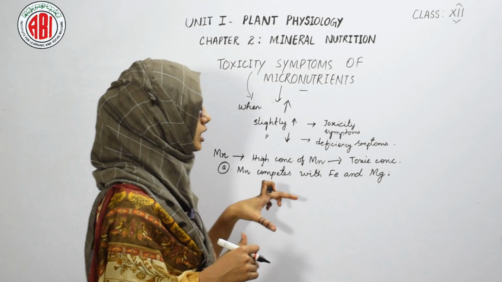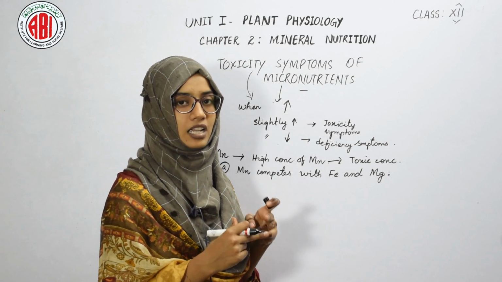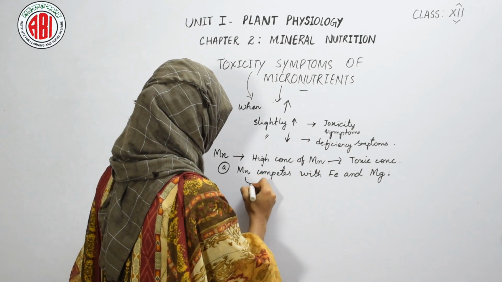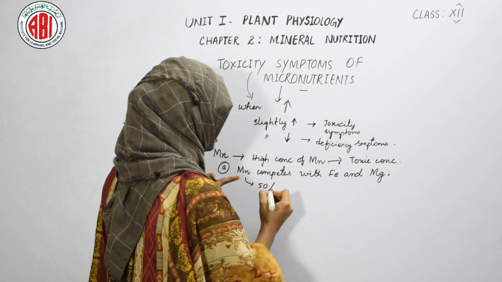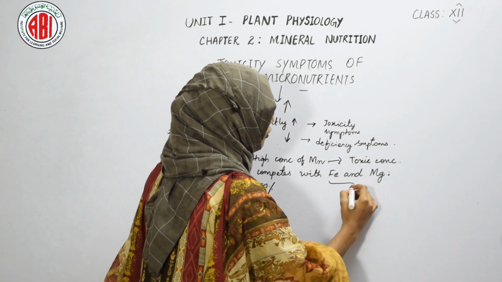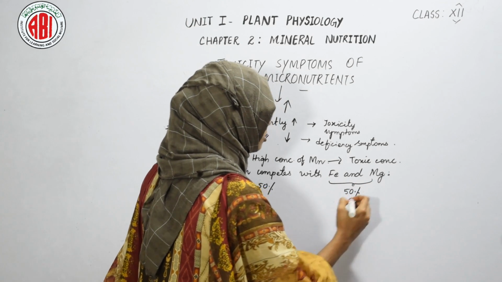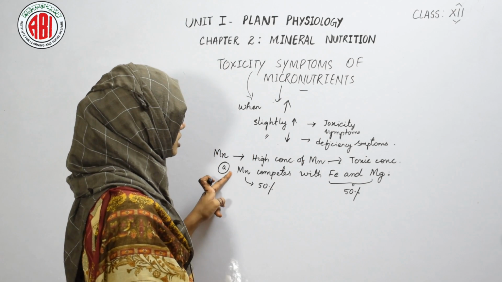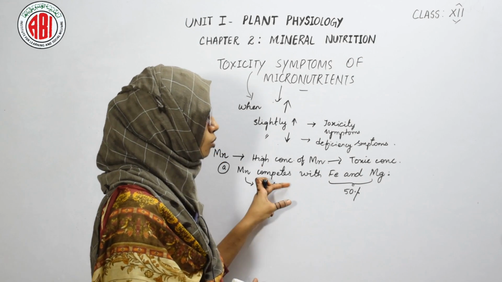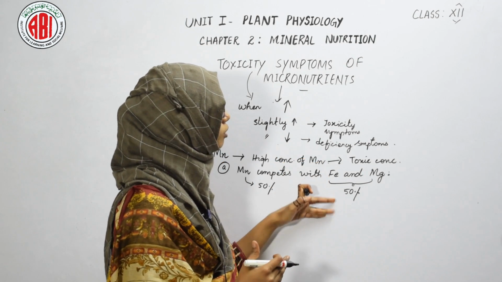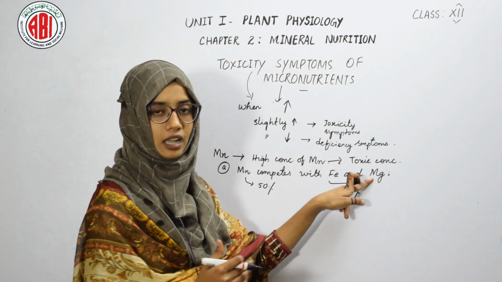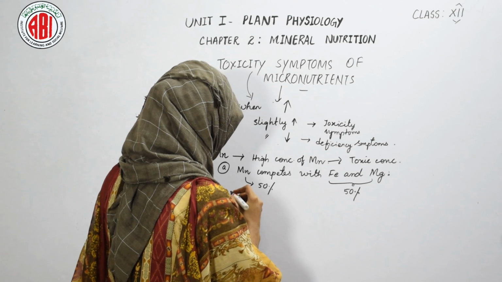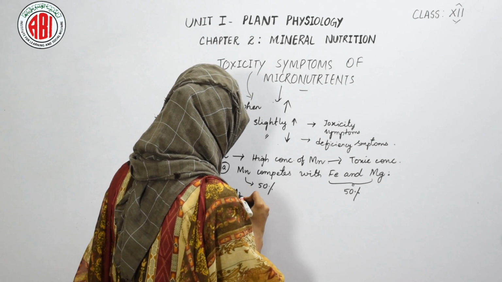When manganese is present in the soil in a higher concentration compared to iron and magnesium, during absorption 50% of the manganese is transported to the plant, and only 50% of the iron and magnesium is transported in the plant body. This shows that the higher concentration of manganese decreases the absorption of other elements like iron and magnesium.